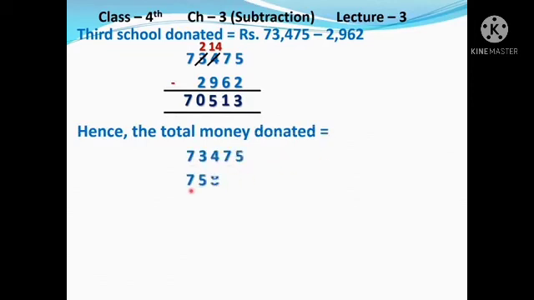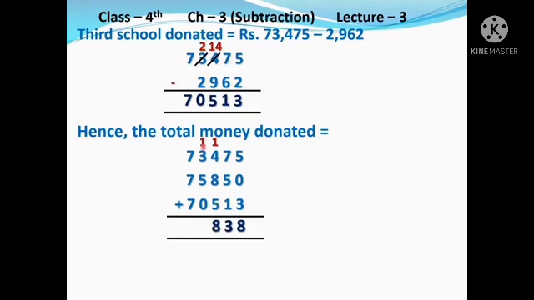Hence, the total money donated equal to 73,475 plus 75,850 plus 70,513. So we will add this. 5 plus 0, 5 plus 3, 8. Write 8 here. 7 plus 5, 12 plus 1, 13. Write 3 here and 1 carry. 1 plus 4, 5 plus 8, 13 plus 5, 18.